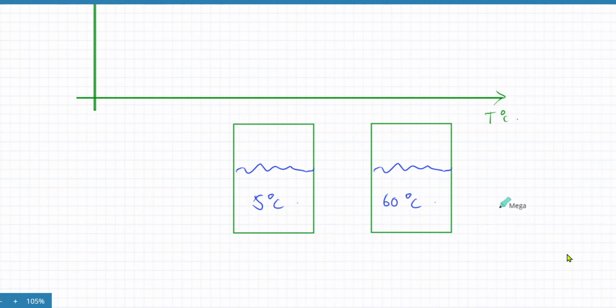Did the disorder change or not? It didn't change much. Visibly there is no difference. If I showed you two containers of water, one at 5 centigrade and the other at 60 centigrade, you wouldn't know which one is hotter, but you would touch it and then you would know. Otherwise, it would be impossible to figure out. There's almost no change in disorder.